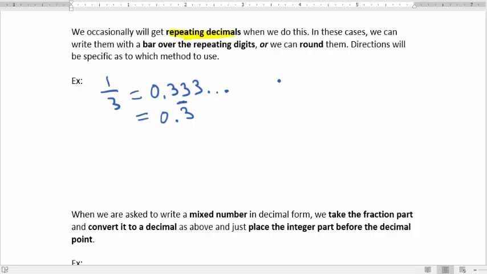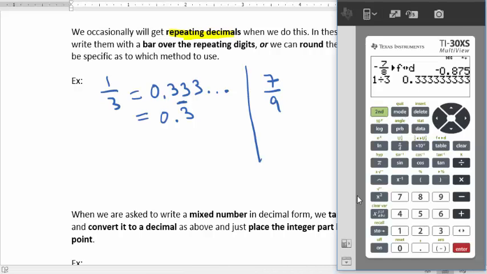Now the times that you have to be careful with this is when you have something like, let's say, 7/9, right? If I do 7 divided by 9, I see 0.777777778. Now what is that 8 really there?